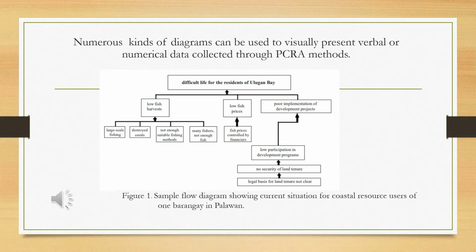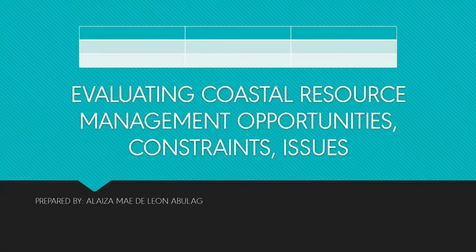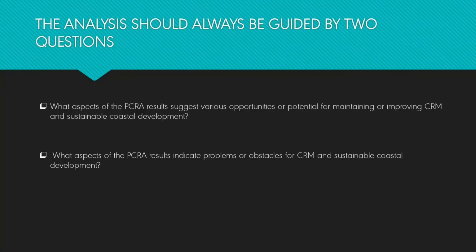These diagrams are often helpful in showing cause and effect relationships. They are usually based on discussions on historical trends and the causes of these trends. Evaluating coastal resource management opportunities, constraints, and issues. The analysis should always be guided by two questions.